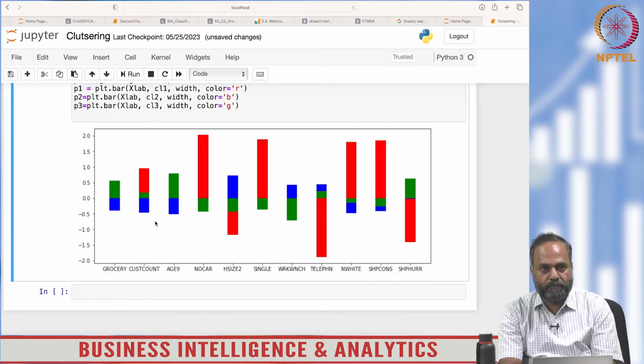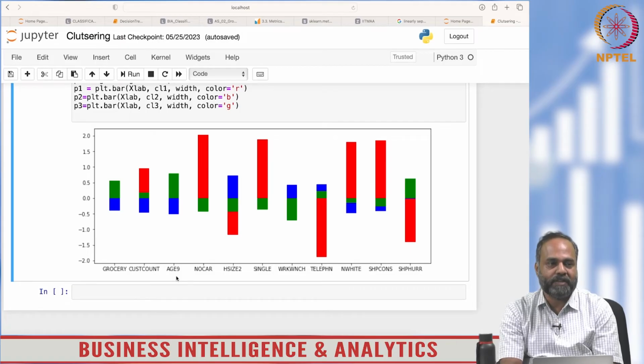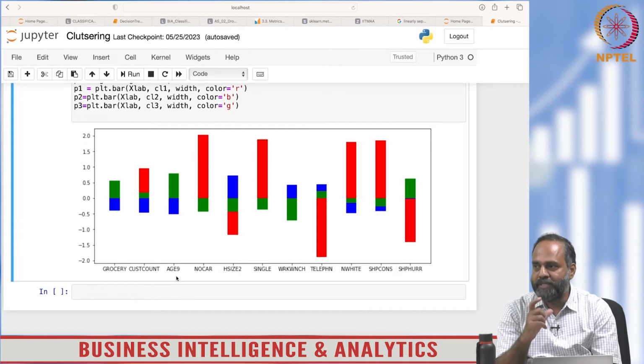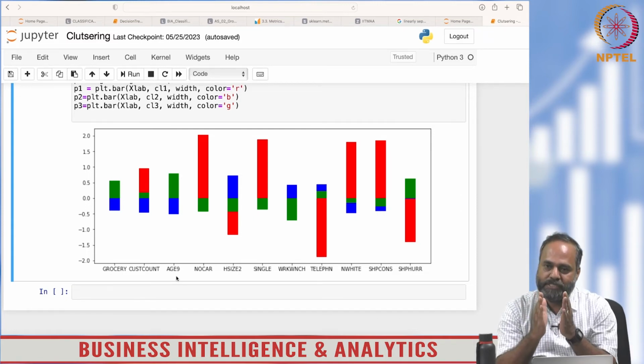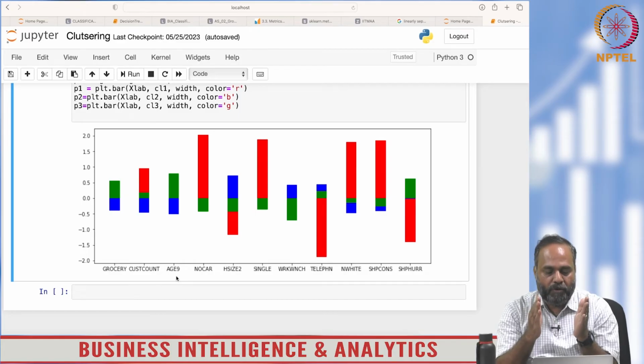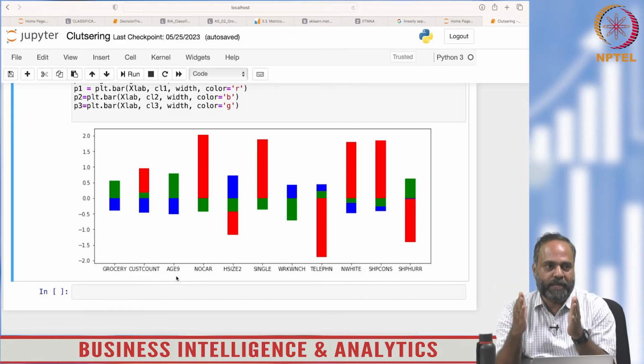What is done here is that on the x axis I have the different attributes, and on the y axis the values of the attributes. Since the attributes have been standardized, normalized, most of the data will fall between -2 and +2, a standard normal distribution.